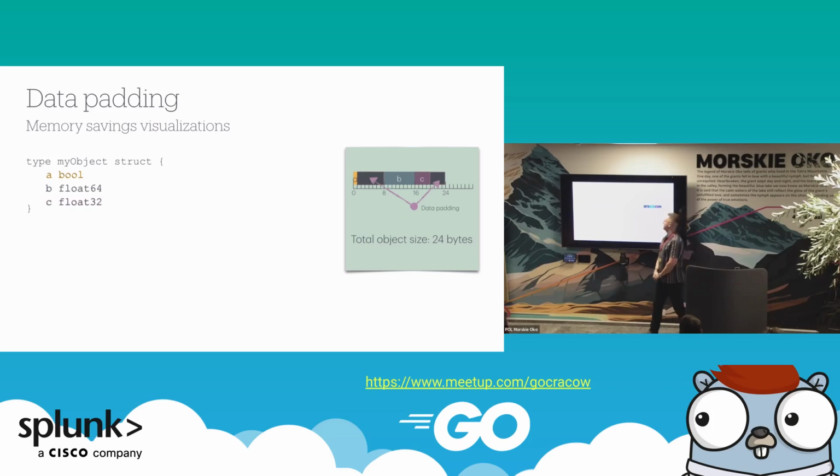So if I define the struct with the Boolean in the first place and float64 in the second one, there is a need for 7 padding bytes, because the Boolean can fit into the first memory address, but float64 needs to go to the 8th one. So we need to place these 7 padding bytes. Runtime places them.